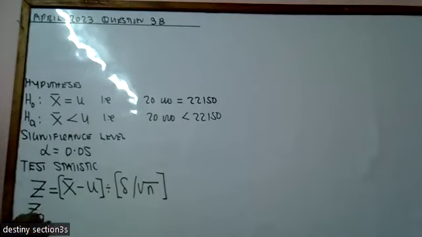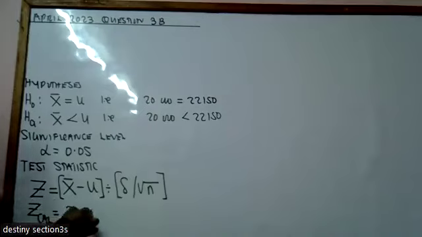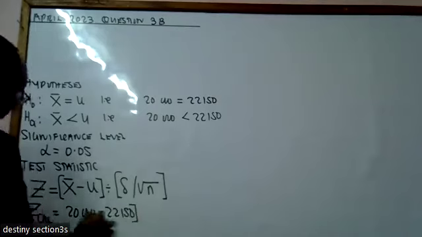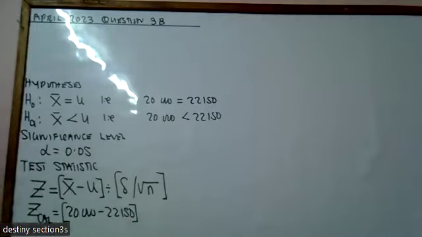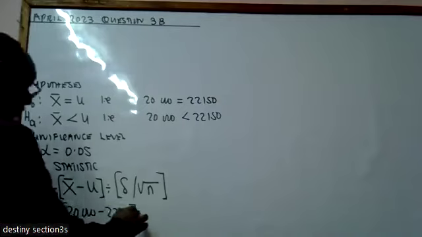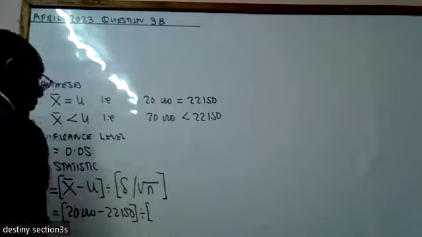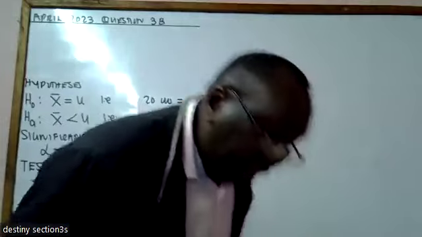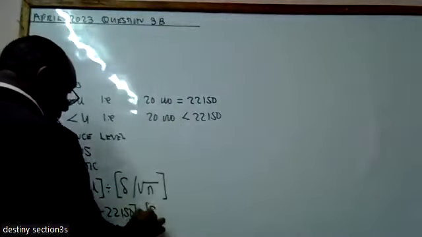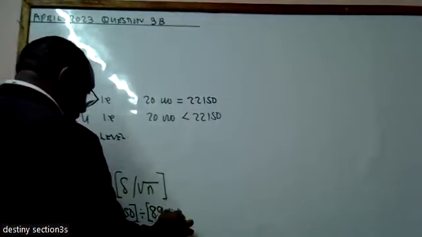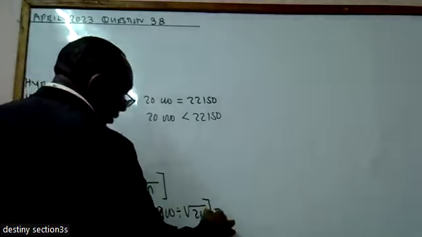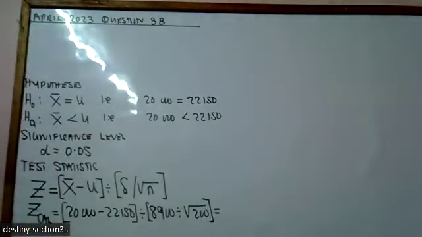And therefore, our Z calculated will be 20,000 minus 22,150, you divide by the standard deviation, which we were told is 8,900, which is again divided by the root of 200.